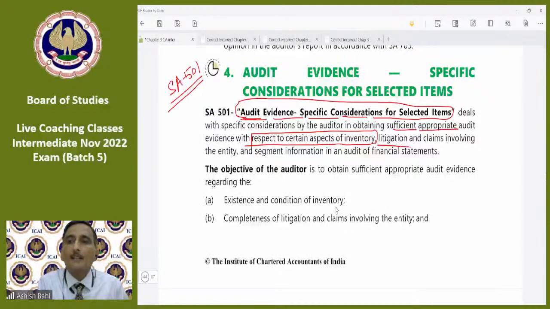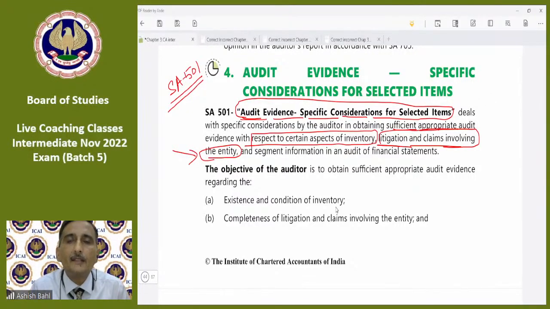Another point is litigation and claims involving the company. Say the company is in some dispute, some court cases are going against the company, there are some claims against the company, or the company has filed some cases. So what is the auditor's responsibility in this regard? How should he frame his audit procedures?